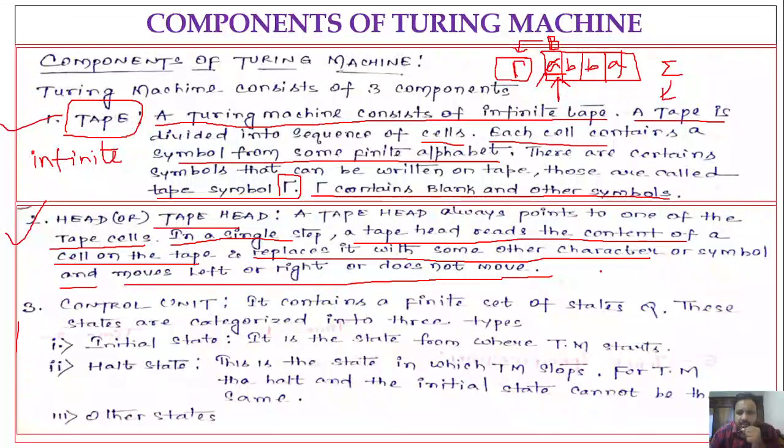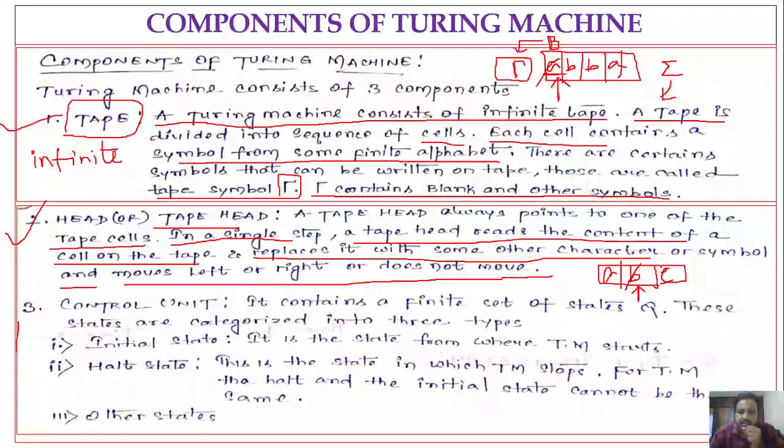Let me say I have the input symbols a, B, and C on the input tape. Let me consider that the tape head is pointing to the input symbol B. The moment we read this B, we have to write some symbol on that particular cell.